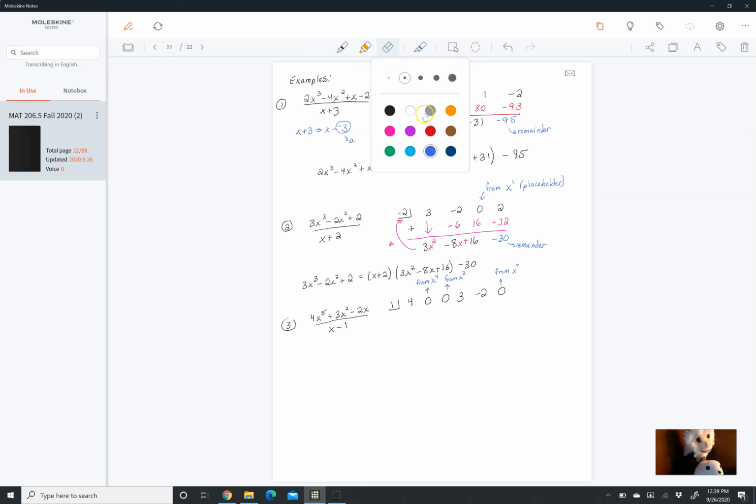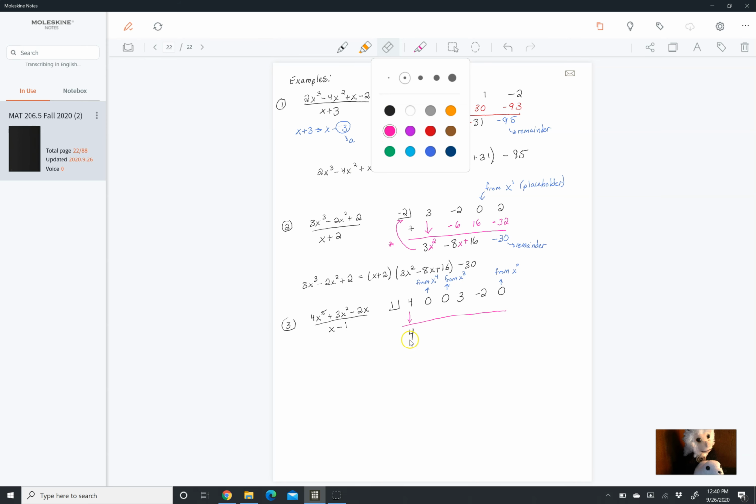And now all we're going to do is exactly what we did before. We're going to start by carrying down that 4. Because 4x to the 5th divided by x is going to give us 4x to the 4th. So we get 4.